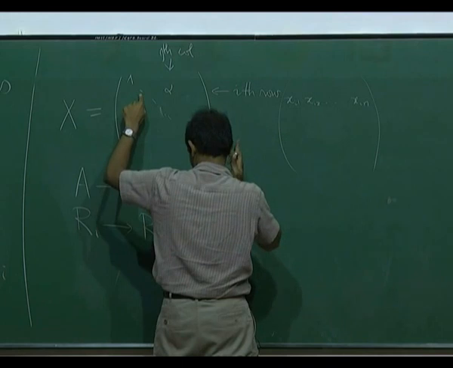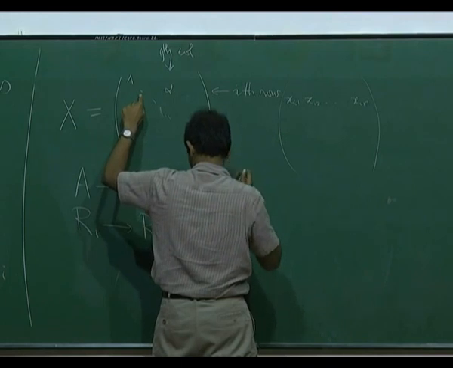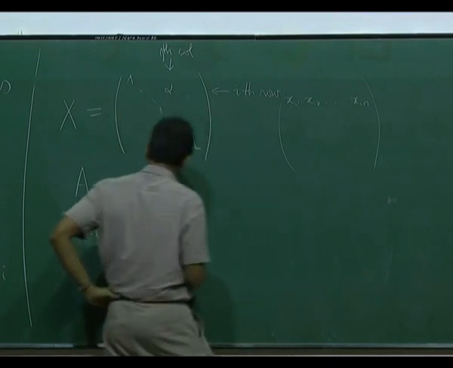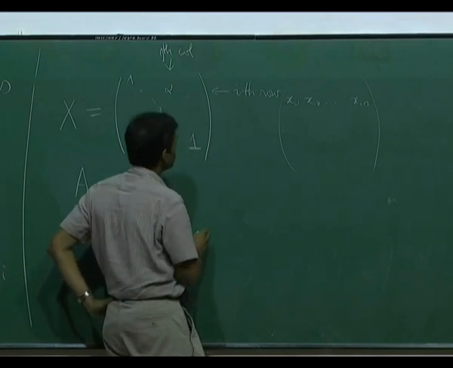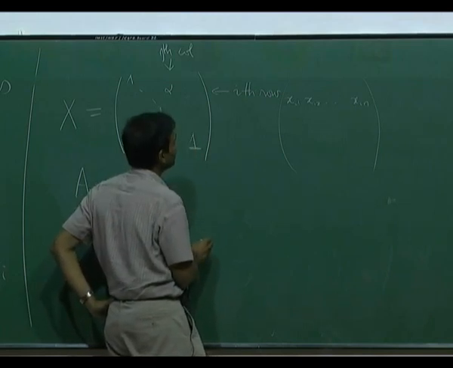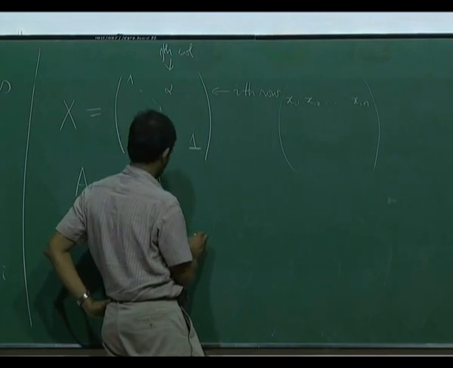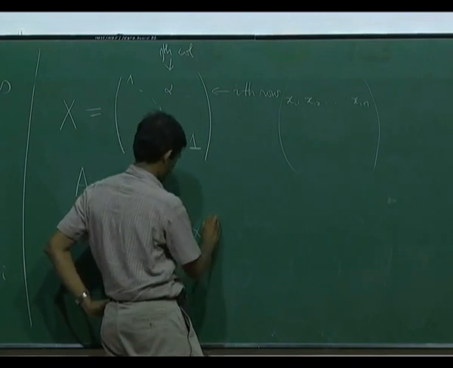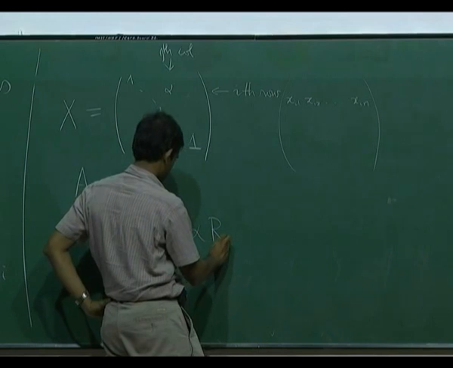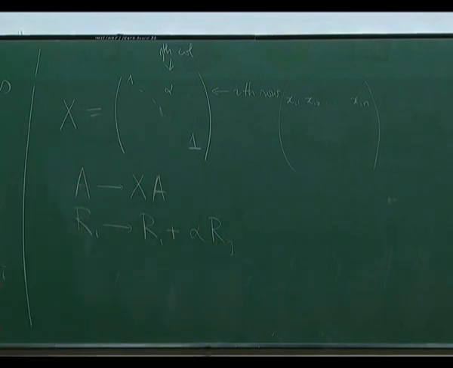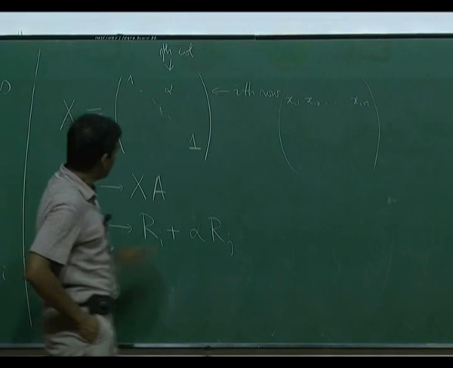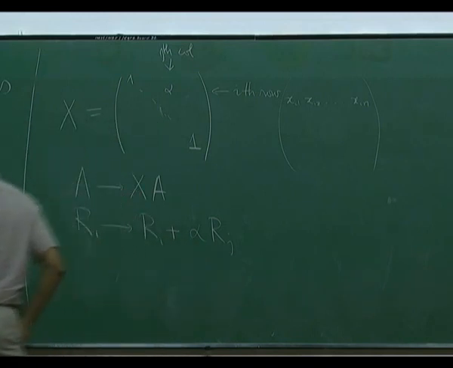Actually, I guess I want to look at the... Right. So is this correct? So you are taking the ith row and adding to it a scalar multiple of the jth row.